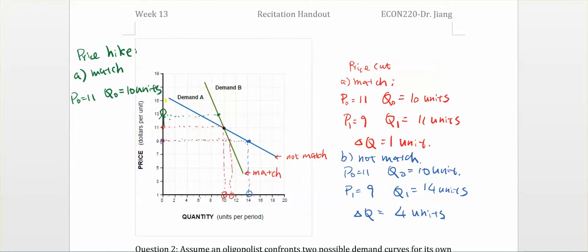After the price increases to $13, we find the quantity demanded is 9 units.